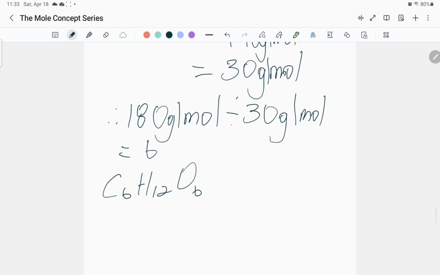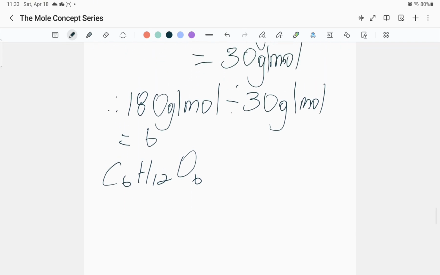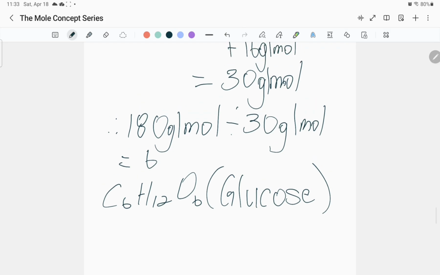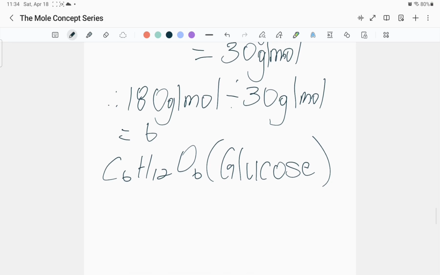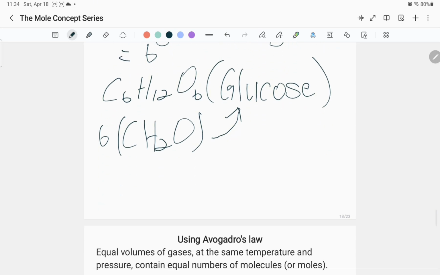So it's C6H12O6, commonly known as glucose, right? So if I should write this clearly, it's the 6 multiplied by CH2O will give this. All right, good.